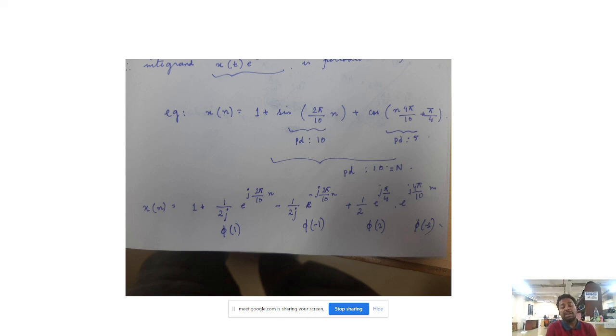And obviously the Fourier coefficients are as follows: a1 is equal to 1 by 2j, a of minus 1 is equal to minus 1 by 2j, a of 2 is equal to 1 by 2 e to the power of j pi by 4, and similarly you can find a of minus 2. These are the Fourier series coefficients that we have found.